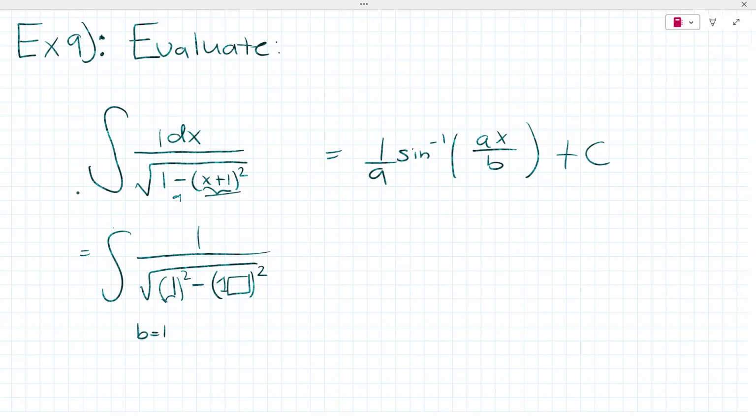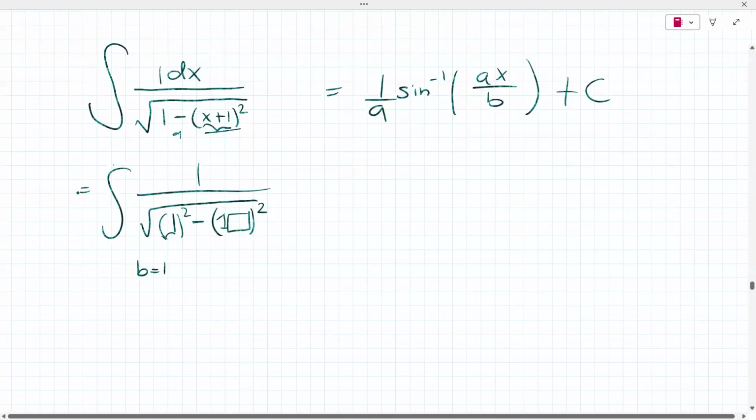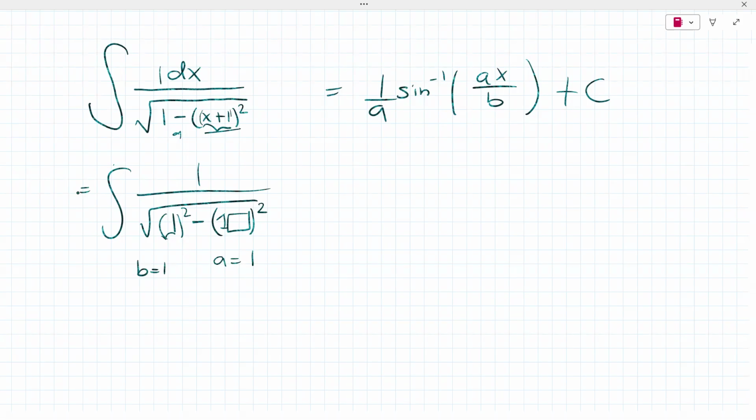I think this is just a 1 and then this is squared. I believe our a is going to be 1 because there's nothing in front of the x plus 1. So yeah, that's why I think our a is 1. And our x is this whole thing, it's x plus 1. So be careful.